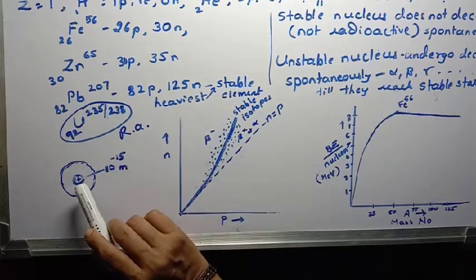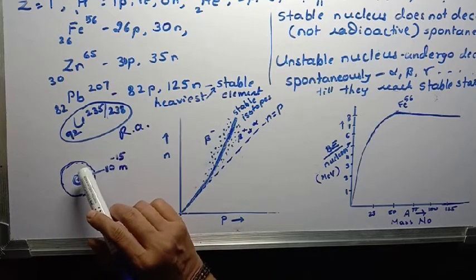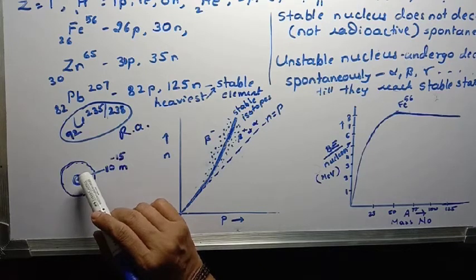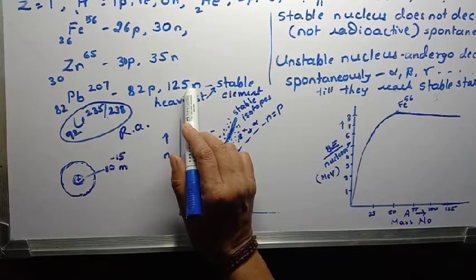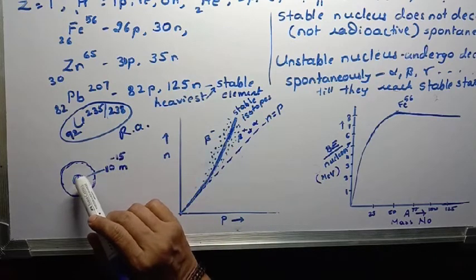Now when the proton number increases, the nucleus is expected to be unstable, but the presence of neutrons holds all the protons together. The neutrons provide short range forces of attraction, which hold all the protons together.